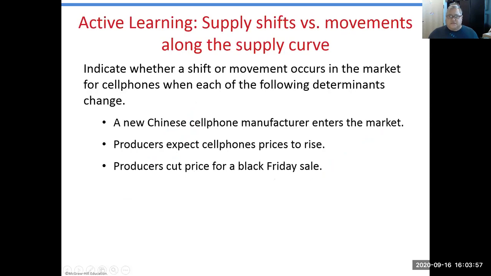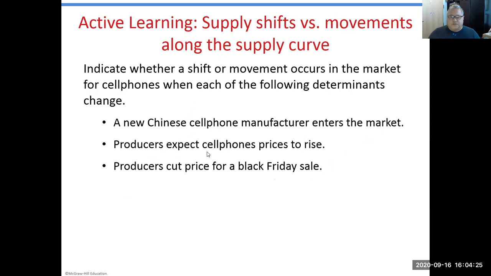Okay. So for example, let's look at this spreadsheet that says active learning, supply shifts versus movements along the supply curve. What happens if a new Chinese cell phone manufacturer enters the market? That should be a rightward shift in supply because you have more firms selling cell phones to, all else being the same, the consumers in that market.